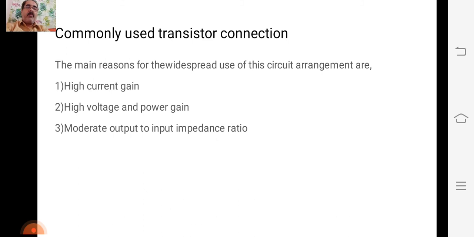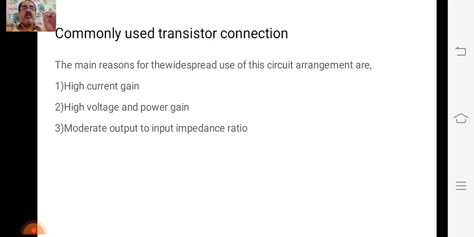At this point IB is equal to 0 and only a small collector leakage current, I suffix CEO, exists. At cutoff, the base emitter junction no longer remains forward biased and normal transistor action is lost. The collector emitter voltage is nearly equal to VCC, that is VCE at cutoff is equal to VCC.